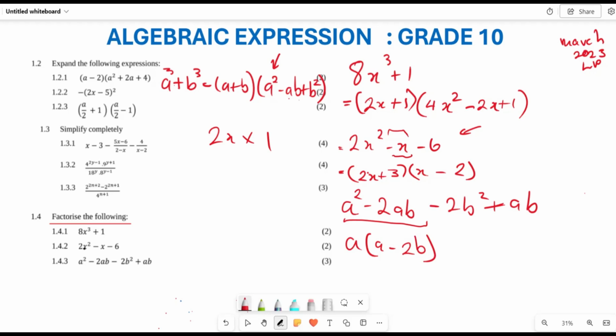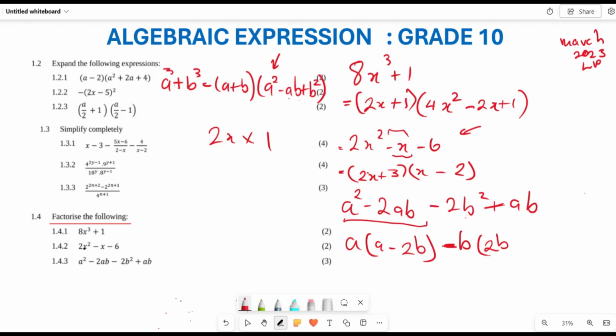Now, from here, let's say I take out a minus. What is common between these two terms? It's b, so I can say negative b. But as soon as I say negative b, what am I going to do? This is the same as 2b, I'm left with 2b altogether.